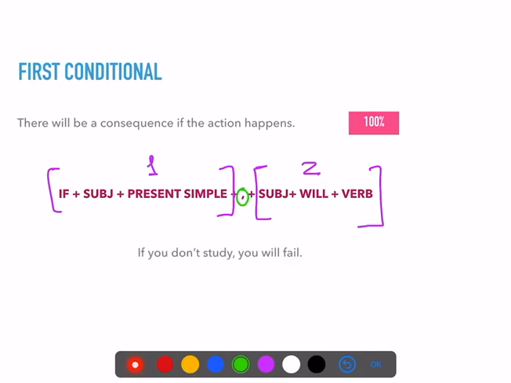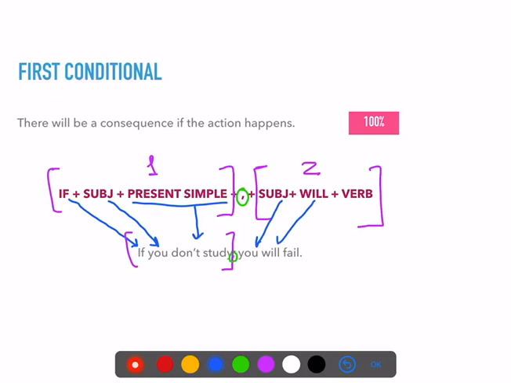If you don't study, you will fail. If you don't study. And here we have the first sentence. See? And the comma here. Now, the second sentence.